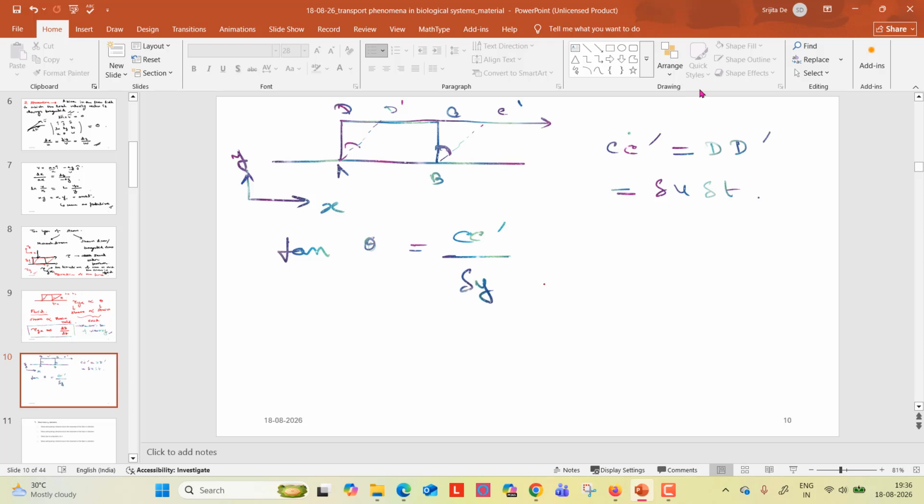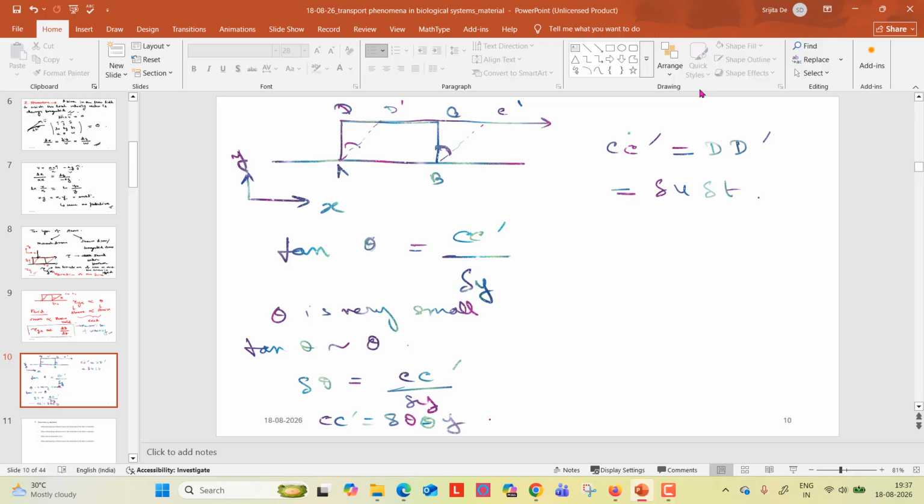So now, as theta is very small, tan theta will be theta. So we will write delta theta equals CC dash by delta y. So from here CC dash is delta theta into delta y.